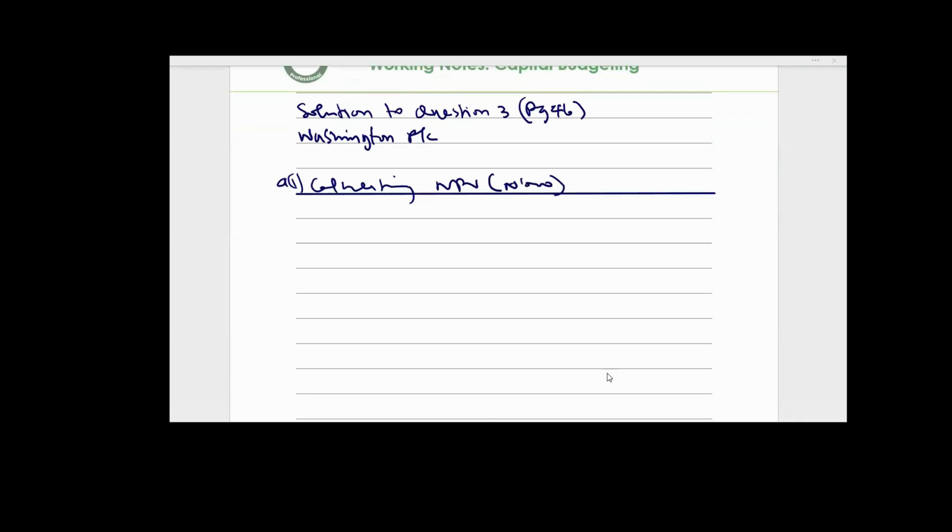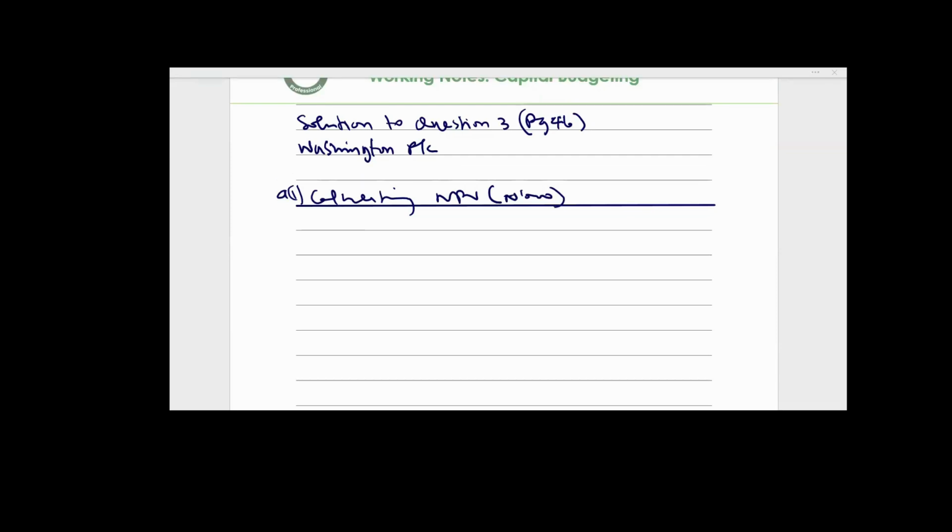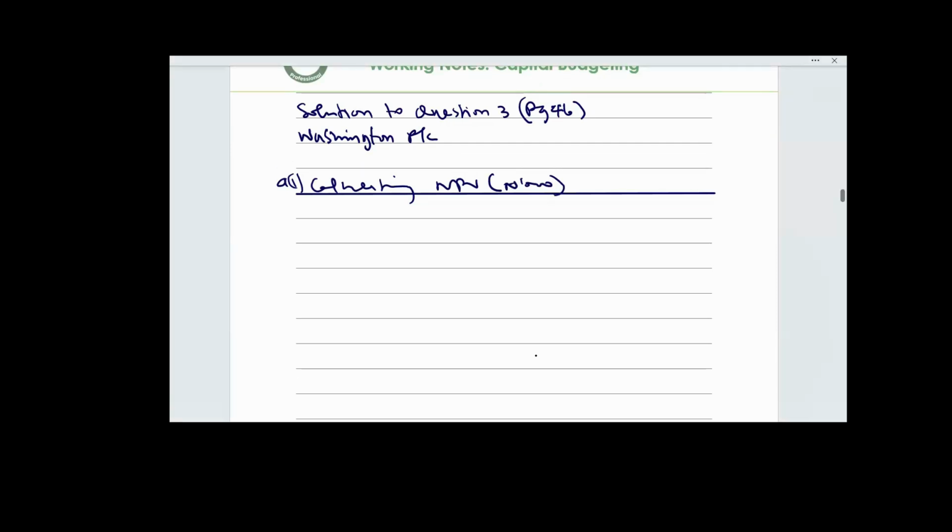I want to know how I'm going to pay tax. Is tax going to be paid in the current year the profit is earned, or 1 year in arrears? According to the question, profit tax of 30% per year will be payable 1 year in arrears. So that means, because of tax purposes, the table will extend by an additional 1 year. So I need to do year 0, year 1, year 2, year 3, 4, then 5.